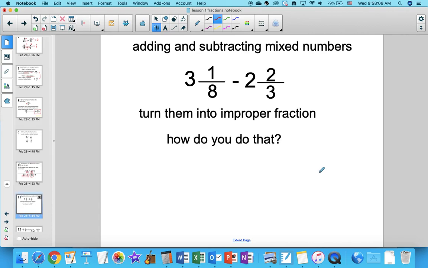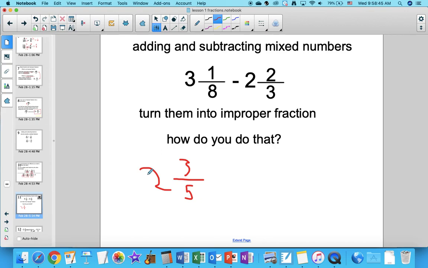Adding and subtracting mixed numbers. Well, you have to turn them into improper fractions. How do you turn a mixed number into an improper fraction? So let's say I had 2 and 3 over 5. The way you would do this is you'd say, this 2 represents how many wholes I have, how many whole sets I have. This 5 is telling me how many are in a set.